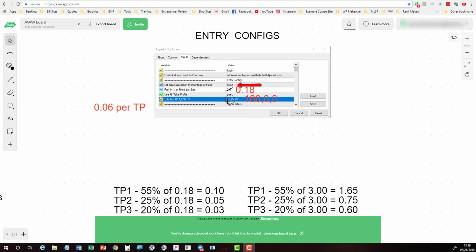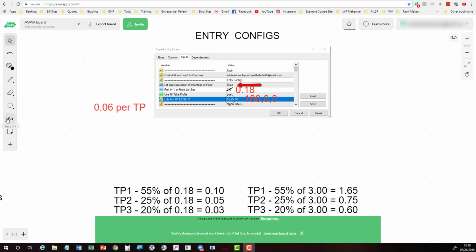So in that instance, to make sure that 0.18 is the exact same on every order, only one order with only 1 take profit, you're going to set it up to where it says 50 or 100, 0, 0, if you only want to do the exact fixed lot size on only the first 2. Only on the first 2.